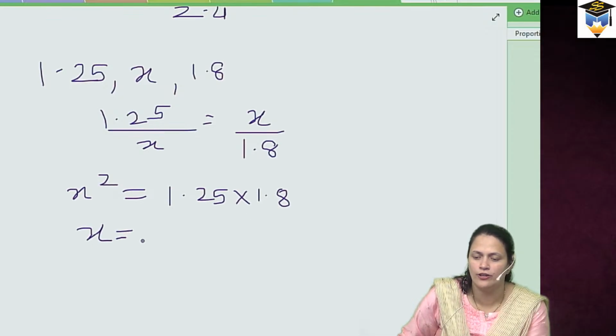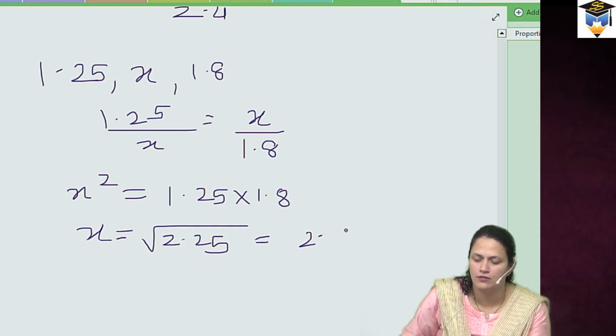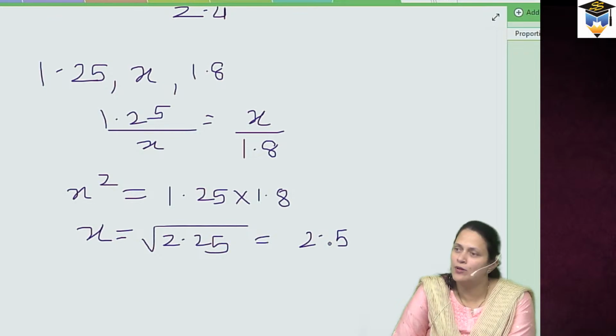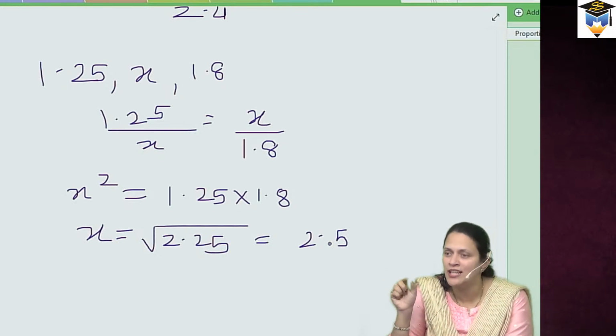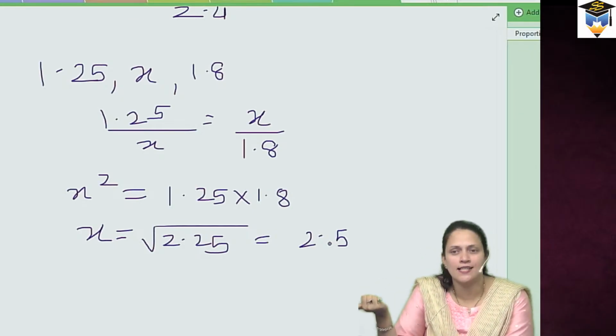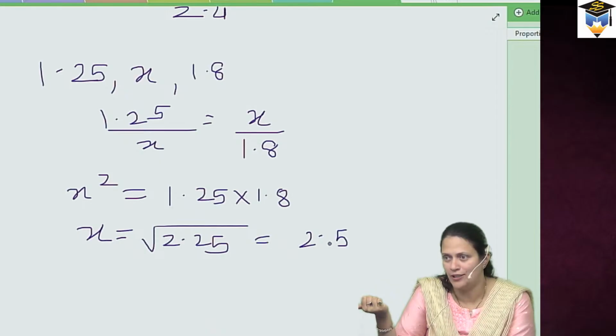So x is going to be square root of 2.25, which is nothing but 2.5. Now understood? So remember this, mean proportion यानी बीच का नंबर, हाँ, fourth proportional यानी last का नंबर, that is the extreme value.